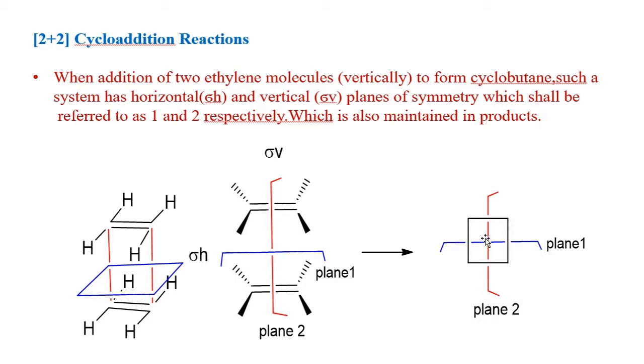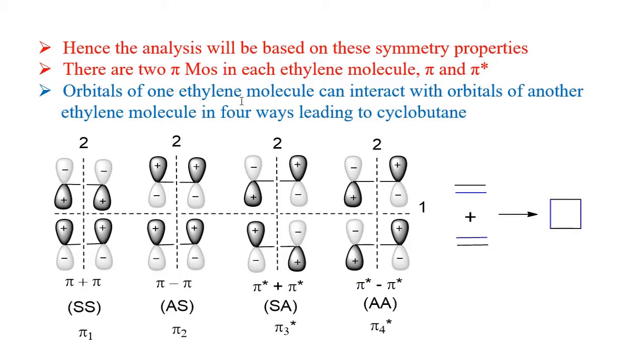And the product cyclobutane also has the same elements of symmetry: a sigma horizontal plane and a vertical plane. Hence the analysis will be based on these symmetry properties, the horizontal plane of symmetry and vertical plane of symmetry of ethylene molecules and cyclobutane molecules.